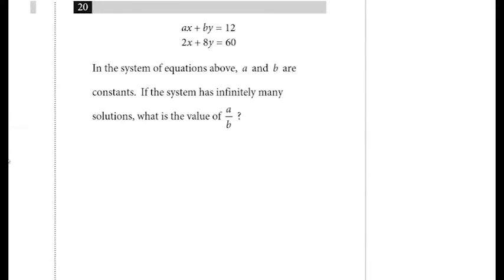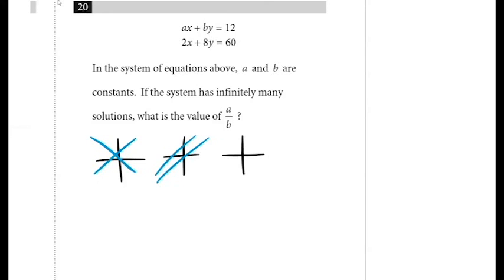So question 20 is asking us about the different ways that two lines can interact. So we know these are lines because they both have x and y to the first power. And if you have two lines, there are 3 ways those two lines can interact. They can hit once, they can hit never if the lines are parallel, or they can hit always, if you went to graph one line and when you graph the second, you realize that they're actually the same line.